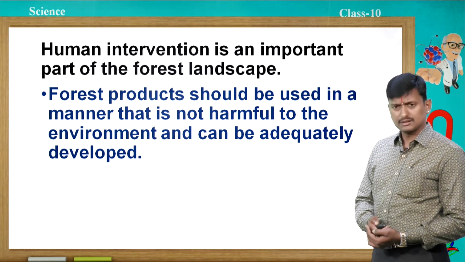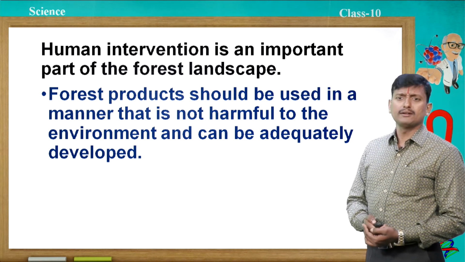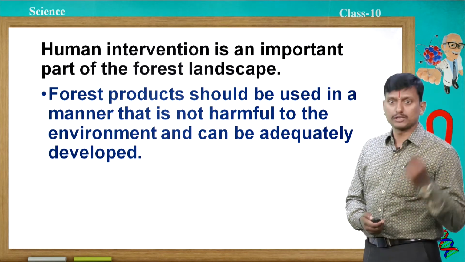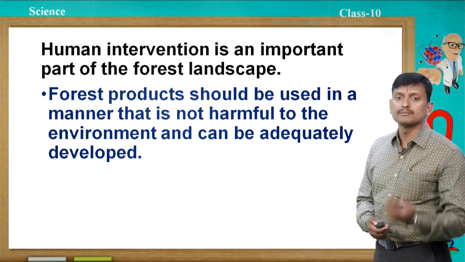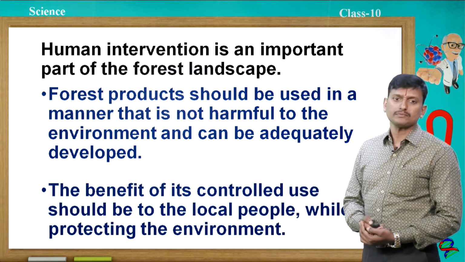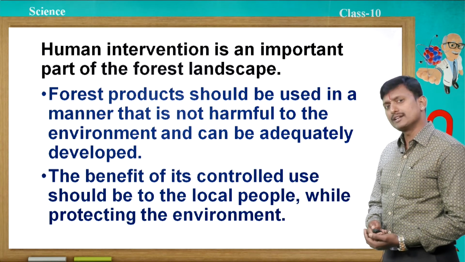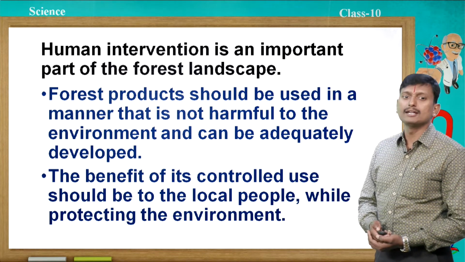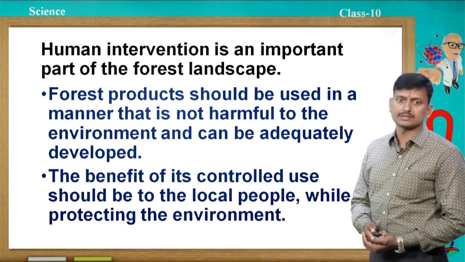We all depend on the forest, but while using forest products, keep in mind that we should not harm the environment. The benefit of its controlled use should go to the local people while protecting the environment.